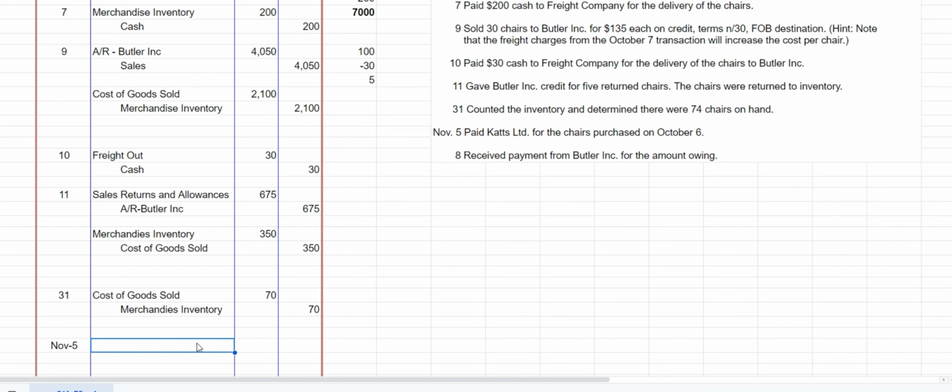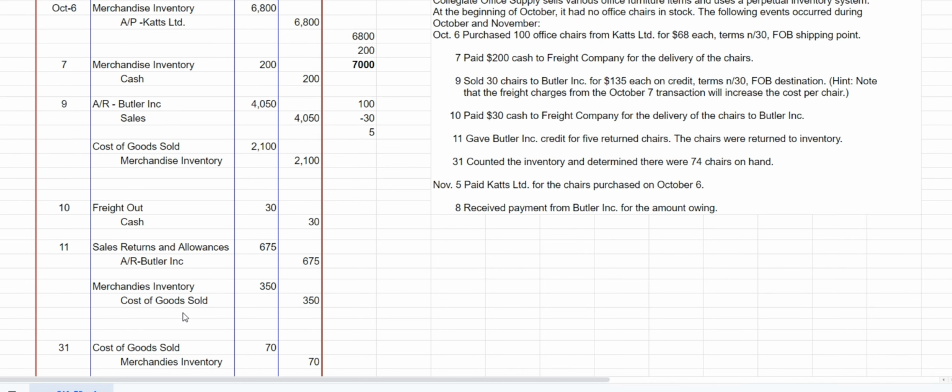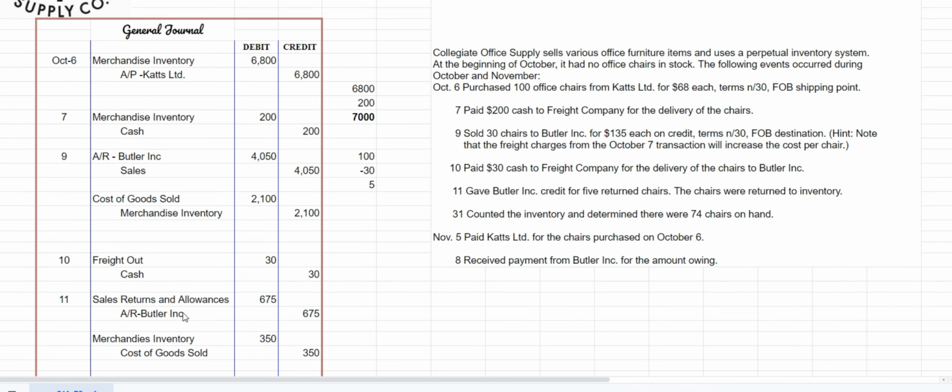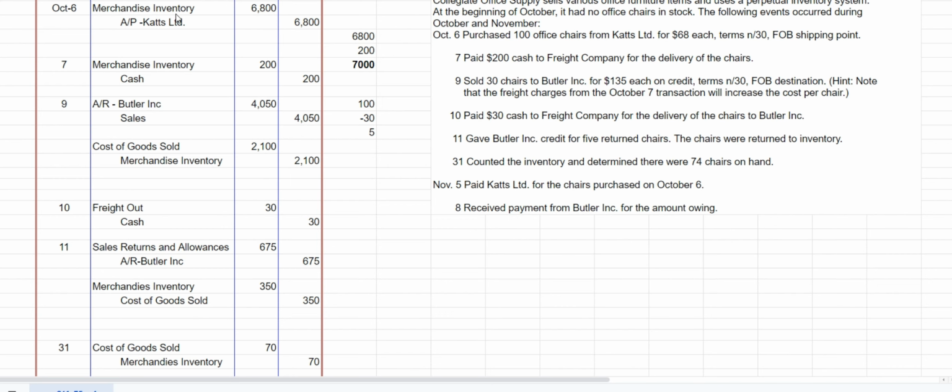Okay, now for November 8th, received payment from Butler Inc. for the amount owing. So we need to find the journal entries involving Butler Inc. We can see how on October 9th, they owed $4,050.